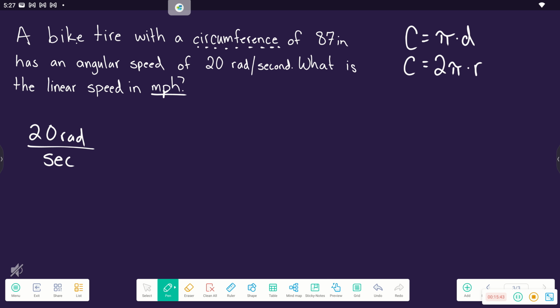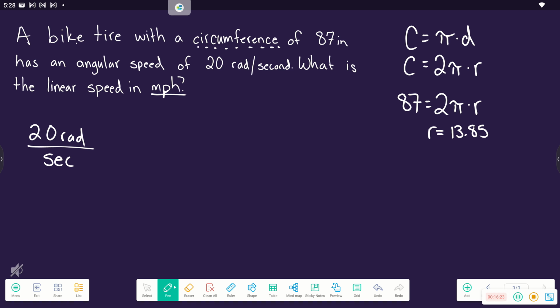So if my circumference is 87, circumference is 87, 2 pi times r. I simply have to divide by 2 pi on both sides to get that my radius is 13.85-ish, approximately. Okay.